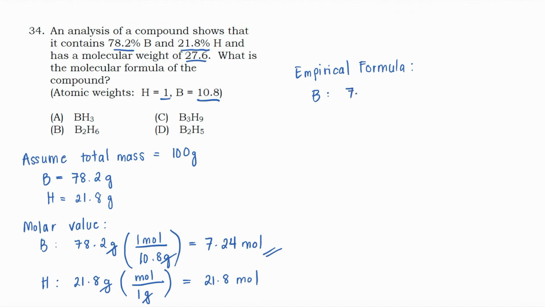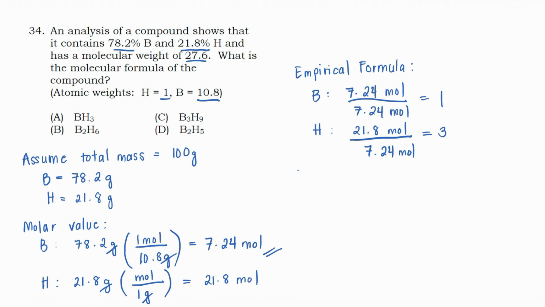So, 7.24 mole over 7.24 mole is equal to 1. And for element H, you have 21.8 moles. Divide that by 7.24 moles, and we will get 3. So, that is the ratio of element B to element H.